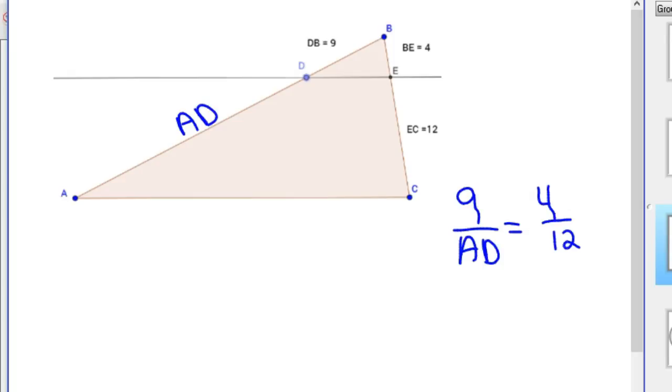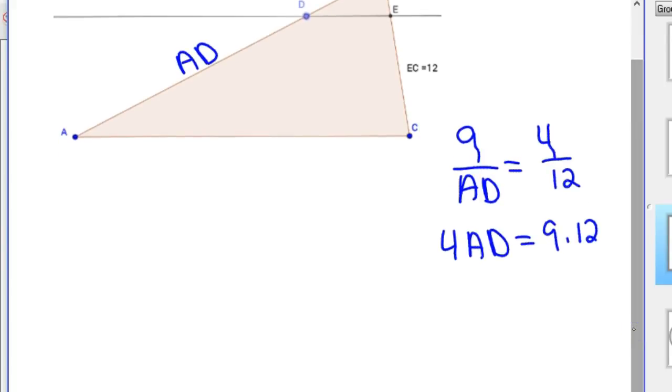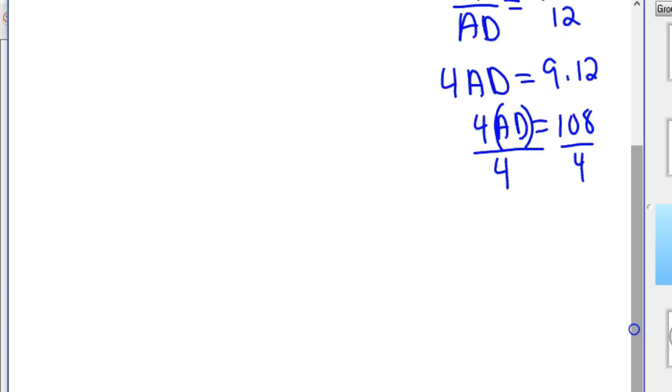If you cross multiply, that would be 4 times AD equals 9 times 12. 9 times 12 is 108, equals 4 AD. Then to get rid of the 4, you divide both sides by 4, and you would find out that AD is in fact 27.